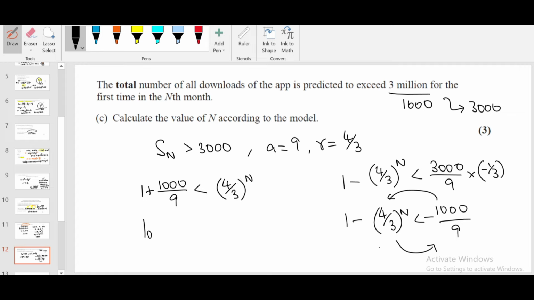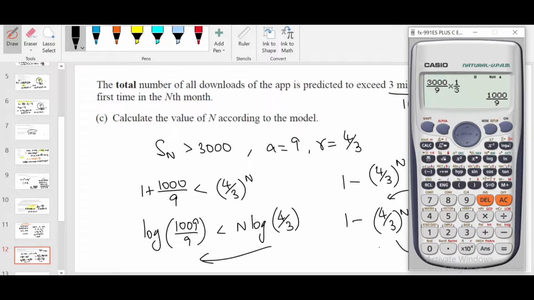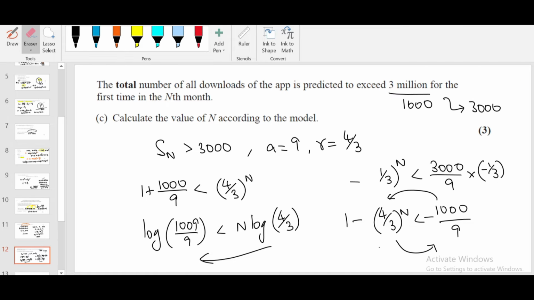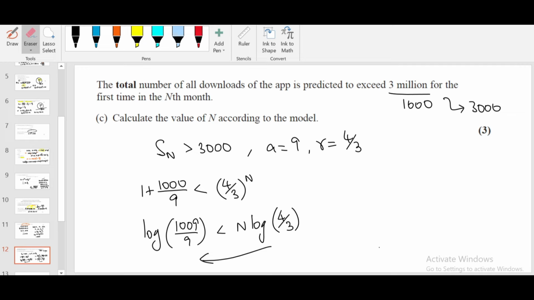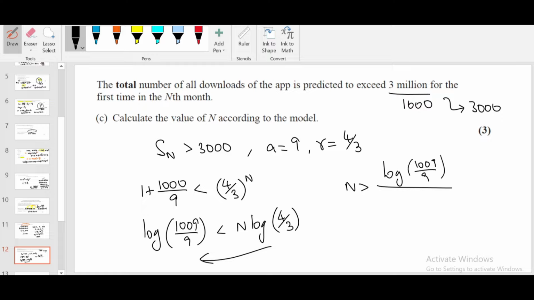Take the logarithm of both sides. Log of 1009 over 9 is less than n times log of 4 over 3, since when you take logarithms you can apply the laws of logarithms and put the power in front. Bring log 4 over 3 as a division, but first check whether it's positive or negative. Log 4 over 3 is a positive number, so when you divide you get n is greater than log of 1009 over 9 divided by log of 4 over 3.